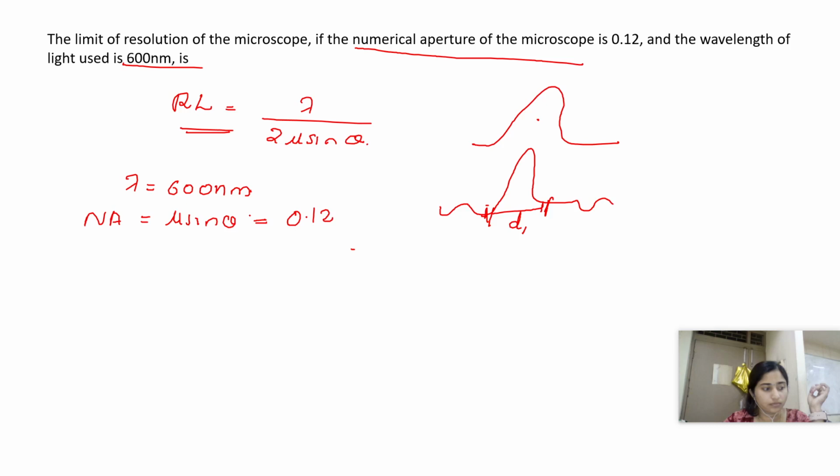When you solve that, if you substitute everything here, 600 divided by 2 times 0.12, it will be in nanometer. So you will get 2500.